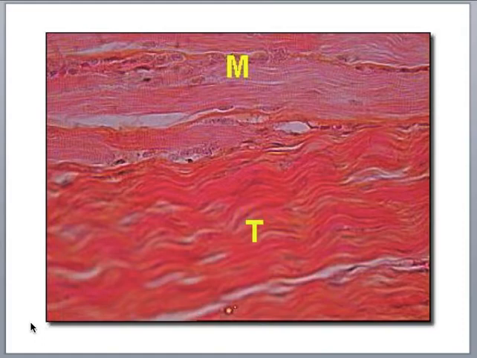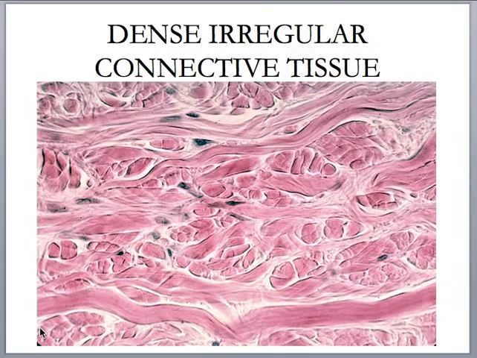So even a slide that says simple cuboidal epithelium, it's going to be most likely from a kidney, and you'll be able to find other types of tissue there. Or if you look at a skin slide, you'll be able to find stratified squamous epithelium, because of the epidermis. You'll also be able to find some connective tissues. Okay, so just keep that in mind.